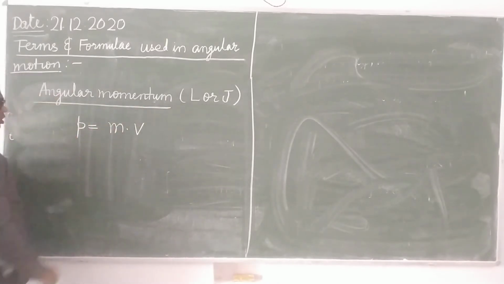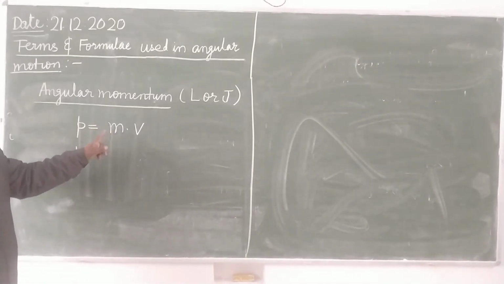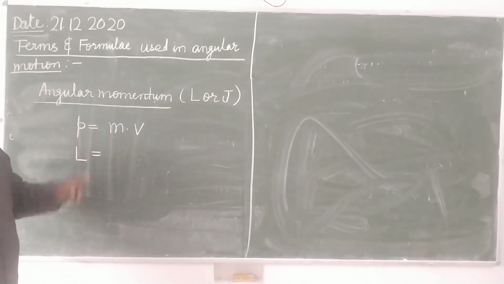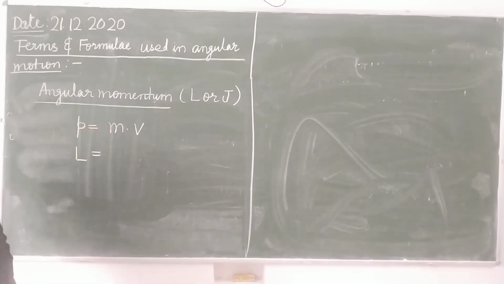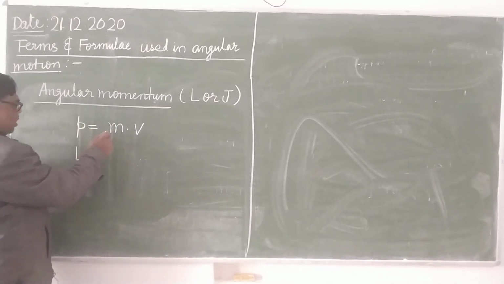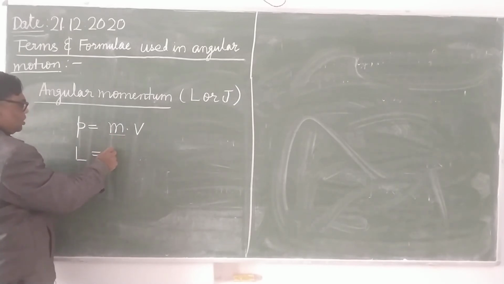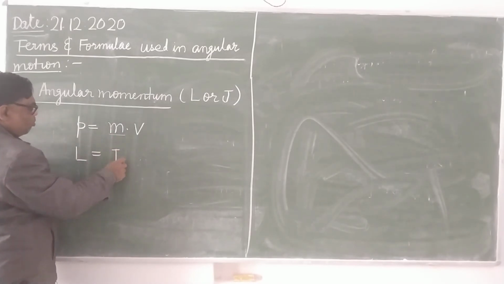So first you see the formula. It is denoted by L or J. What is the counterpart of mass in rotational motion? In place of mass, which physical quantity is used in rotational motion? Mass is a measure of inertia. Here it is measured by moment of inertia.